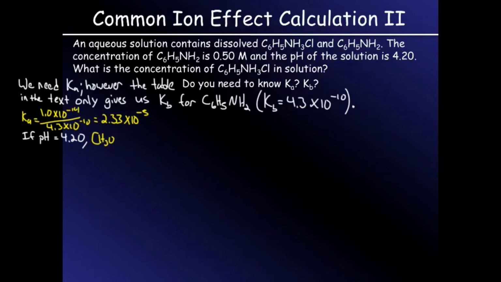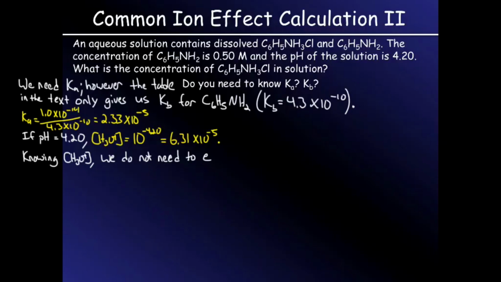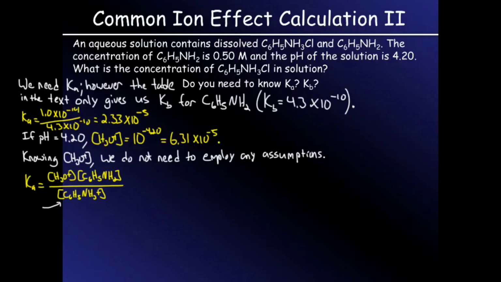Now, knowing the Ka value and the pH, we should be able to solve for the other concentration. However, we will first have to convert the pH to a hydronium concentration so that when we write our Ka expression, we will have everything but the concentration that is requested, the concentration of this conjugate acid to this base.